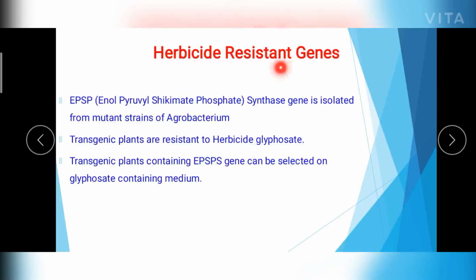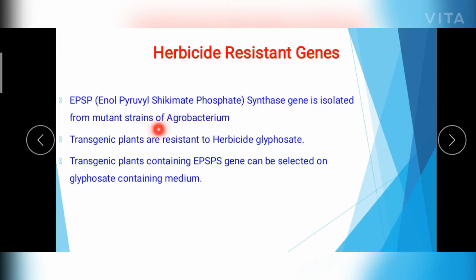Coming to the second example, herbicide resistant genes. The example taken here is the EPSP synthase gene. It is nothing but enol pyruvyl shikimate phosphate synthase gene.